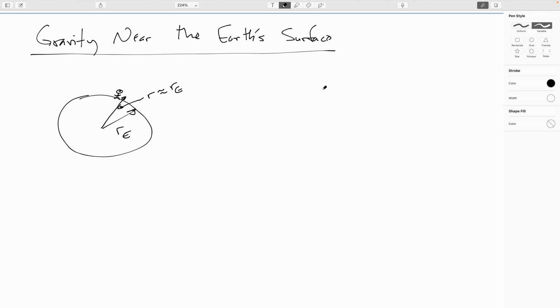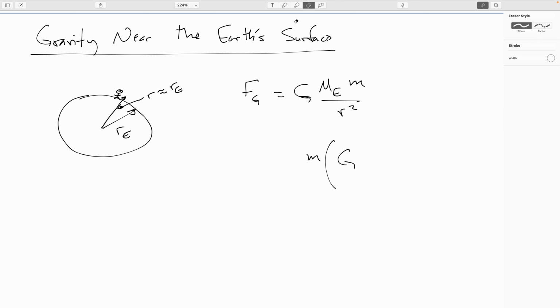So what we can do is say, all right, the gravitational force on me here is going to be G times the mass of the Earth times my mass over r squared. Let me pull the m out like this, and we'll say that this is basically the same difference as G times the mass of the Earth over the radius of the Earth squared.